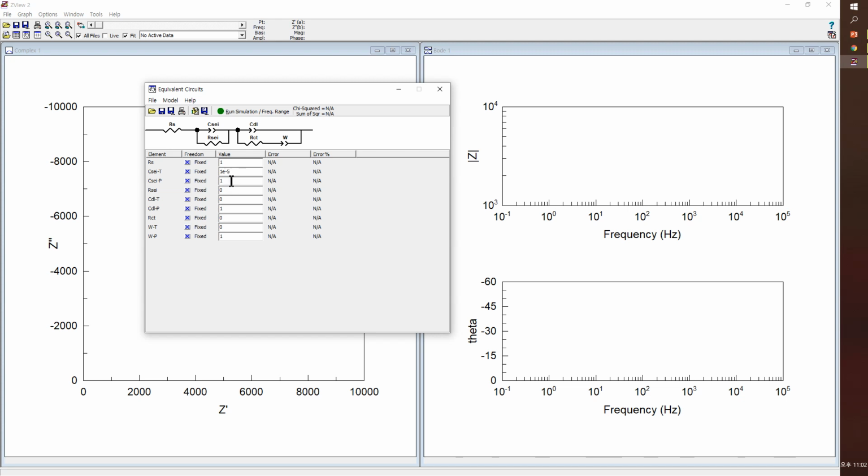And actually CPE has two parameters. The first one is about the capacitance and the other thing is the exponent. Actually in the previous chapter slide I have used N instead of P, but N is equal to P. P means power. So let me say this is 0.8.